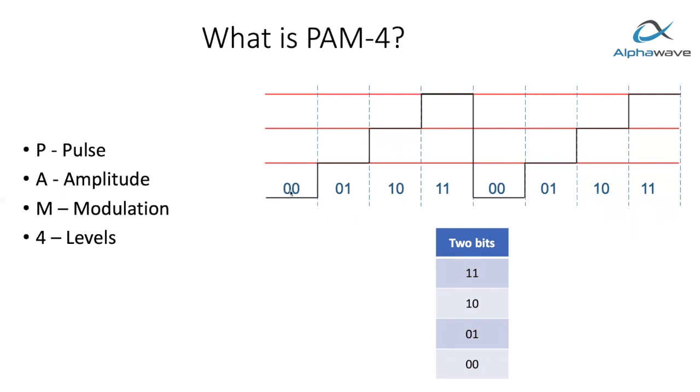The lowest level in this case is a 0 and a 0 for the 2 bits. The next level up can be a 0 and a 1, and the third one a 1 0, and the last one a 1 1. So you can see in every one of these UIs, you are getting 2 bits of information in one UI. And so that's what PAM4 is. It's really how many levels you have, and that determines how many bits you can send in one UI.